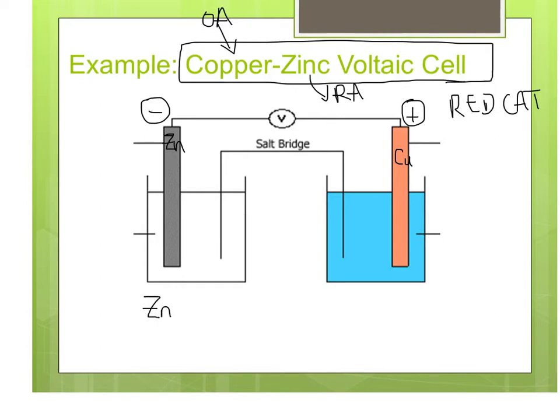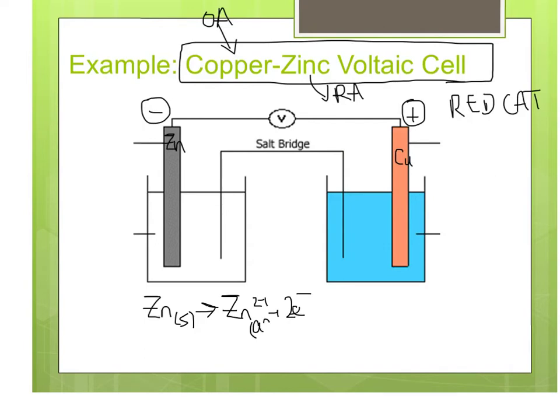If we write the half reaction of our oxidation, zinc solid is going to go to Zn2+ aqueous plus 2 electrons.